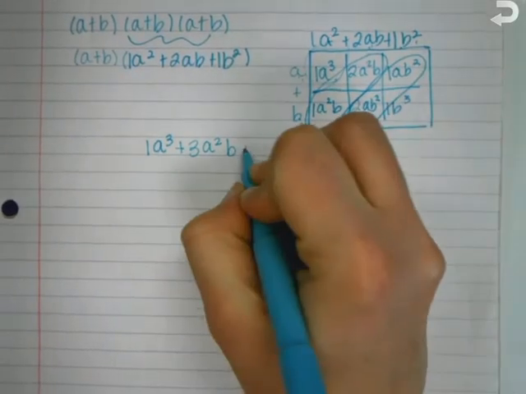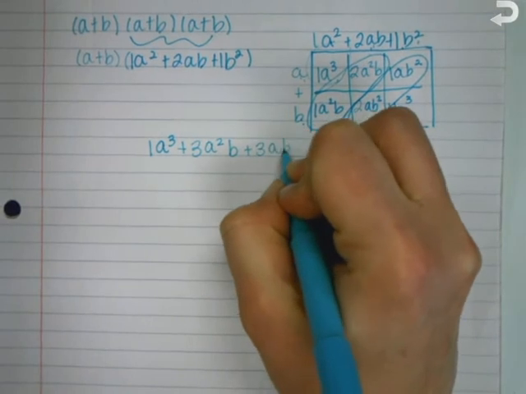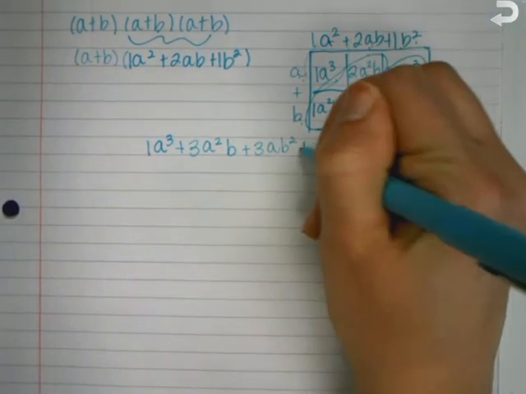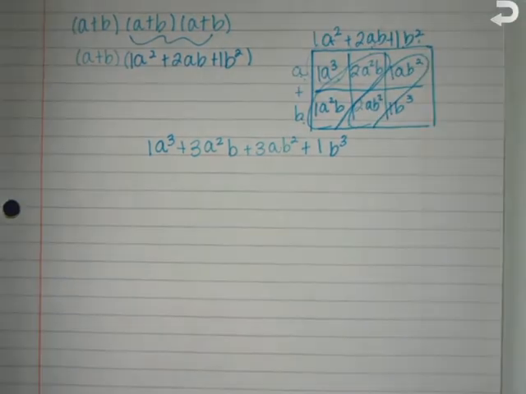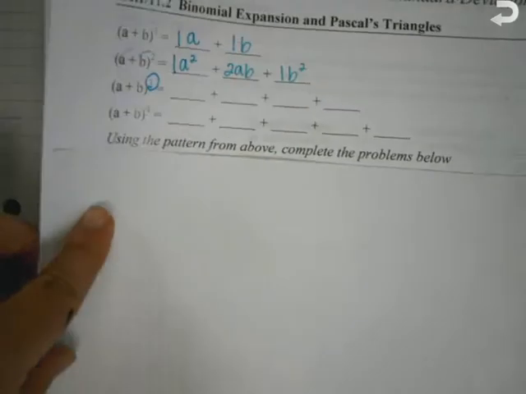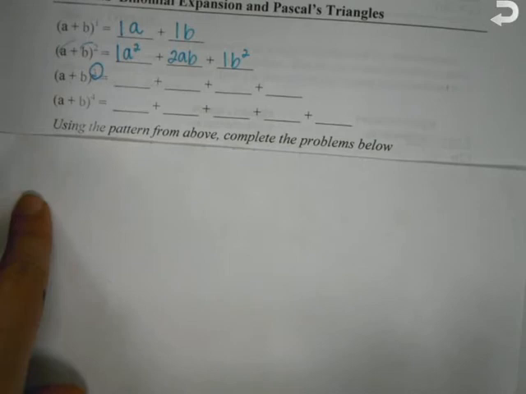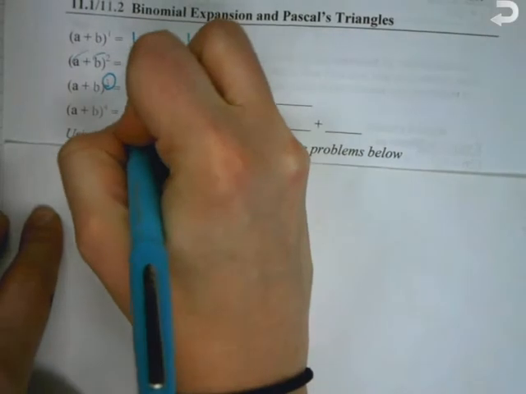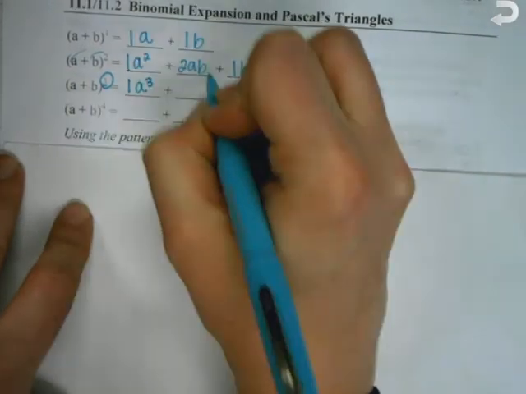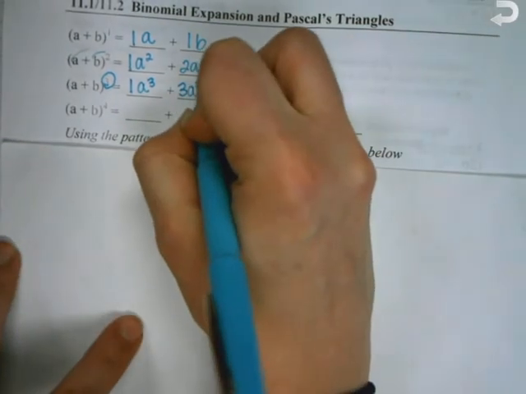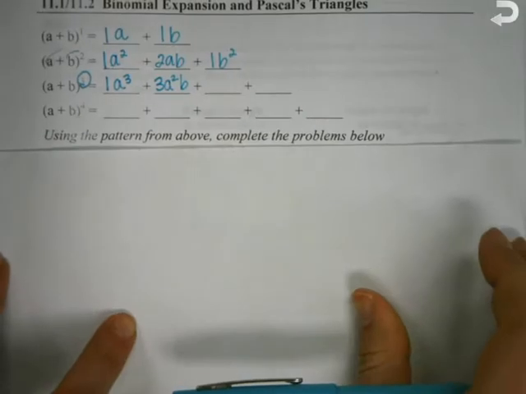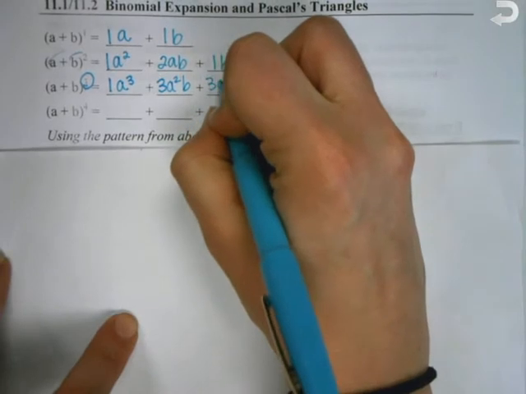And plus 1b to the third. Okay, so let's fill that in. So that is 1a to the third plus 3a squared b plus 3ab squared plus 1b to the third.